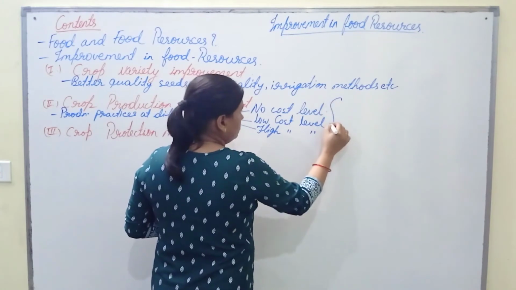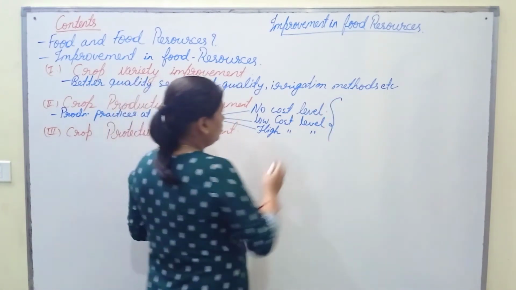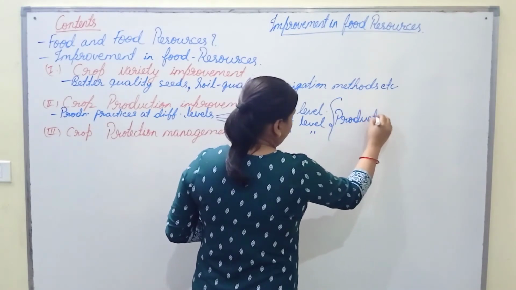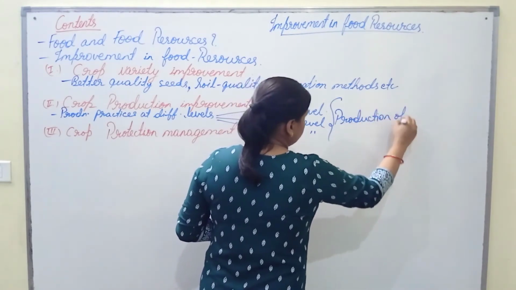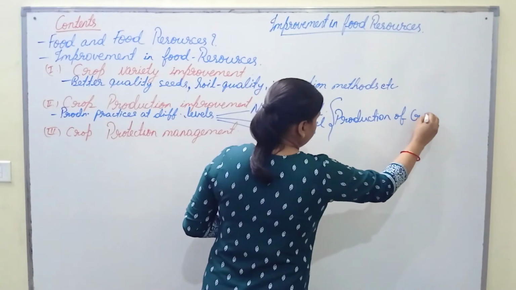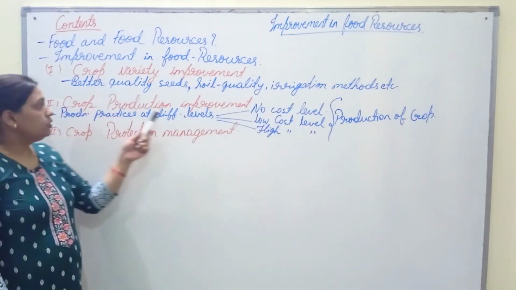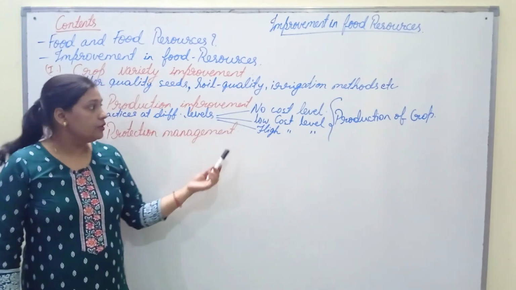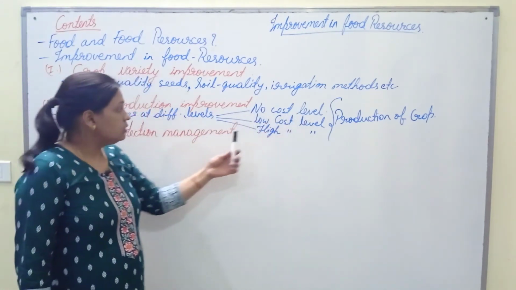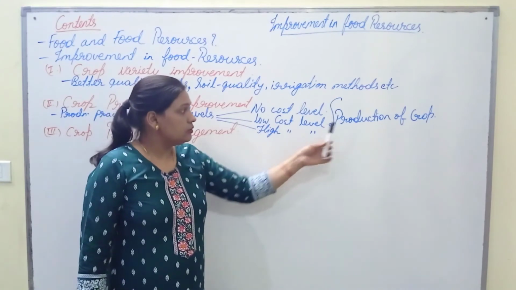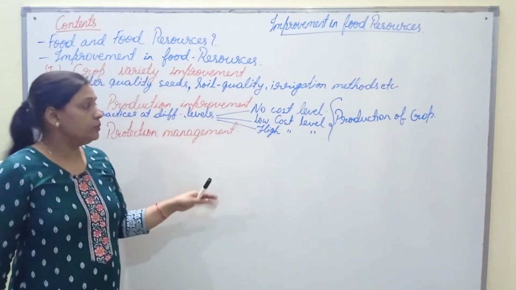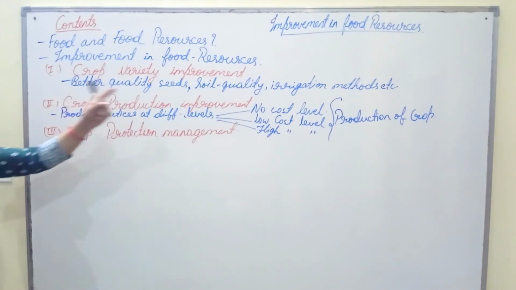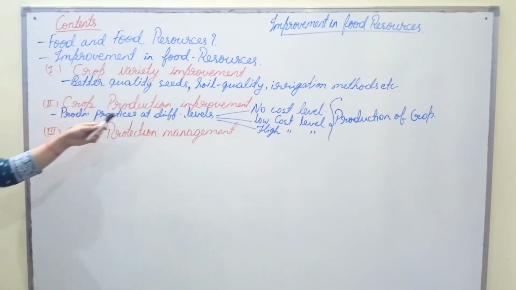So in this topic, we'll talk about the production of crops. In crop production improvement, the production practices are at different levels: first is the no cost level, low cost level, and high cost level. So production of crops depends upon these 3 levels, and we will discuss this in crop production improvement.